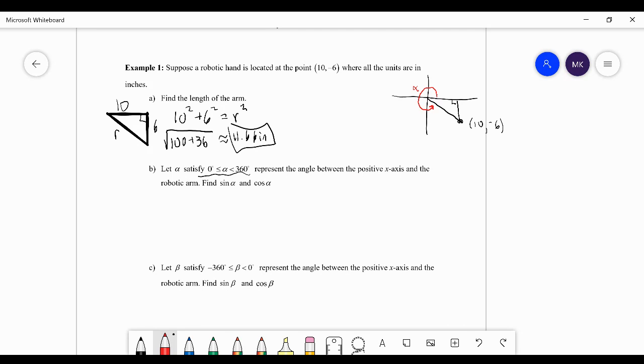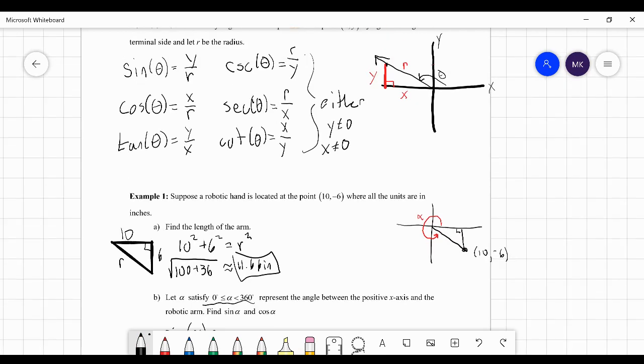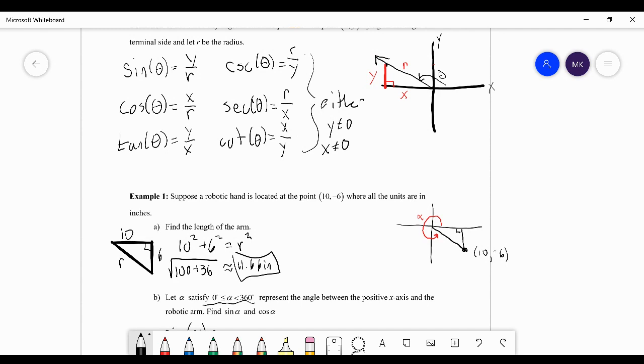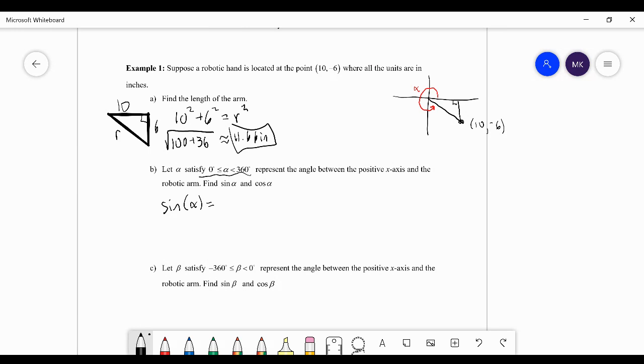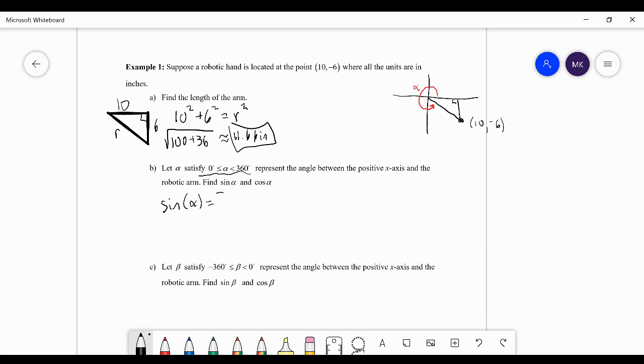So sine of alpha is equal to, well, if we come back here, this angle that we've got, alpha, is in standard position. So sine is just y over r. And sine of this alpha, so our y value is -6, and our r is approximately 11.66.